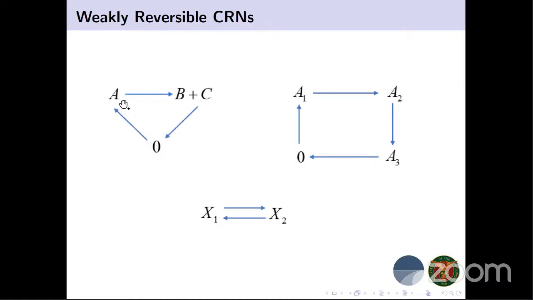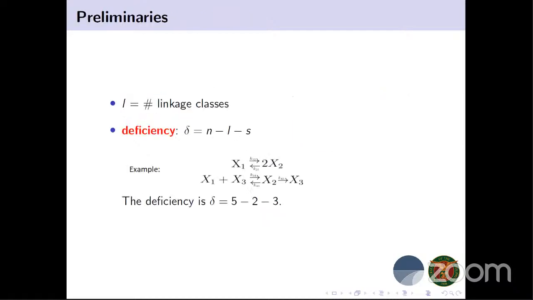And you can actually go back from A to 0 using this path: A to B plus C, and then B plus C to 0. This is another weakly reversible CRN, and so on. So for each two vertices, there is a path from one vertex to the other, and then you can go back.